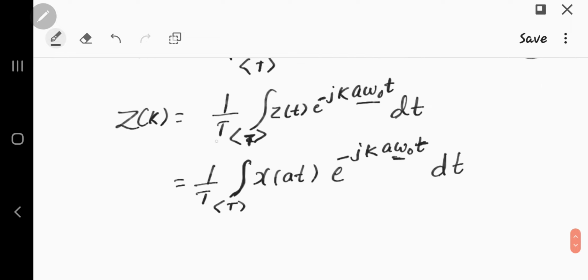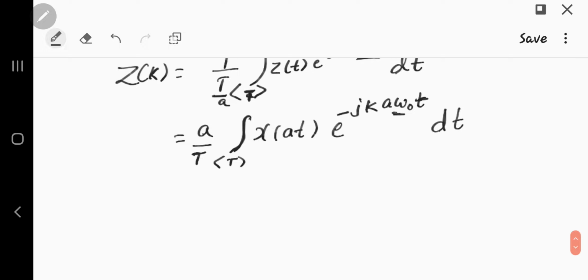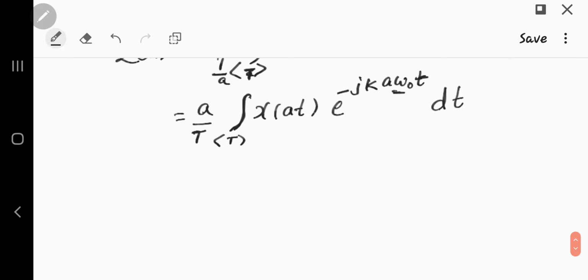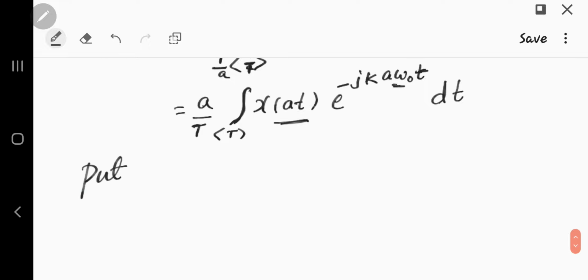And one more thing is, this will be 1 divided by t by a, and if you simplify this, the a goes to the numerator, and we will get a by t here. Now I will replace this with some other variable. Put a t is equal to m.